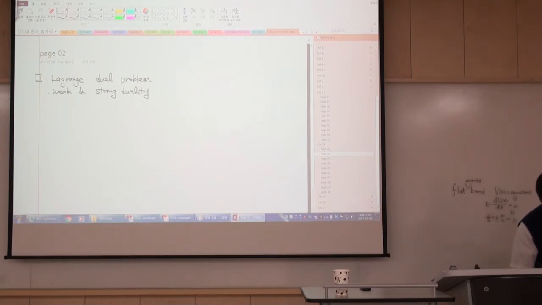The third one is the geometric interpretation of this weak and strong duality. And the next one is optimality conditions, that is actually the so-called KKT conditions. And the next one is perturbation and sensitivity analysis.